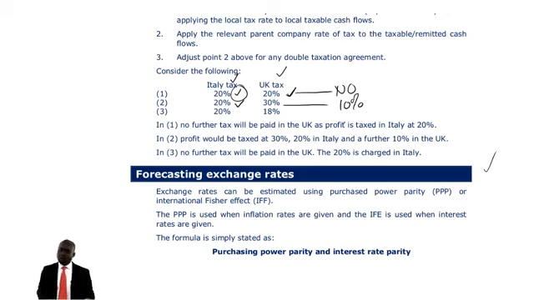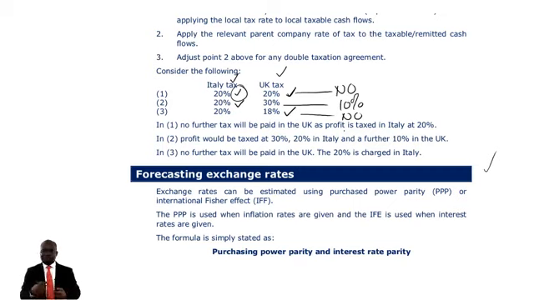Then the last one: 20% in Italy, but in the UK it is 18%. When you come to the UK, because it's less than the Italy one and you've paid the 20%, here you don't pay any tax. The taxman will not give you back the 2%, because the principle is you have to pay the highest rate. If I've paid the highest rate in Italy, when I come to my country and my country's rate is the lower rate, I don't pay anything.